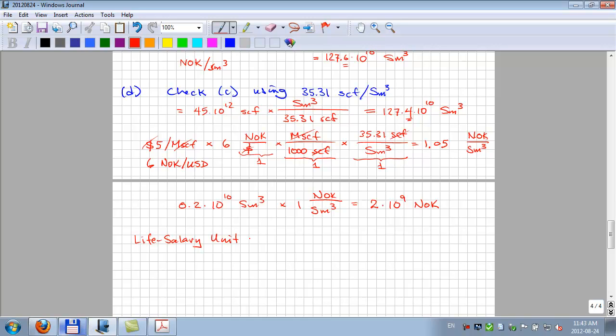Now, for an engineer, I'm just going to say, ignoring all the discounting and future and so forth, that on average your salary is 700,000 crowns, that's more than $100,000 per year, times 30 years.